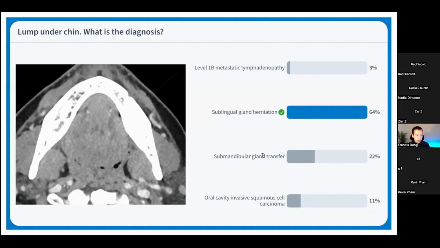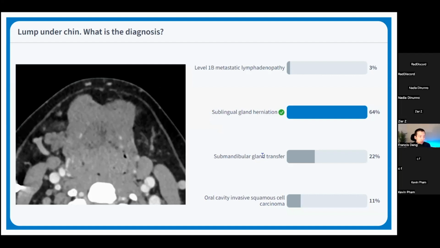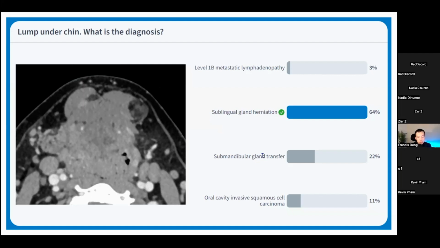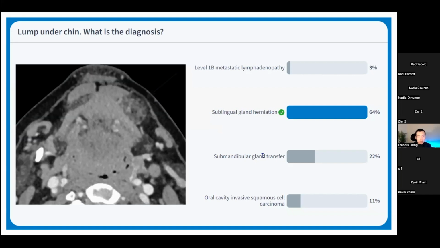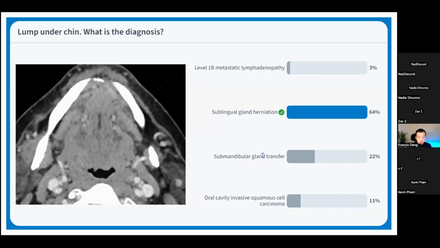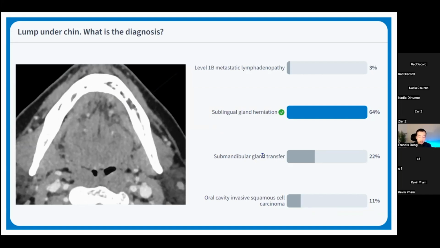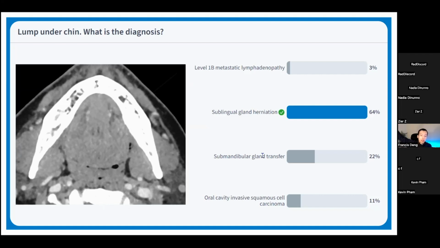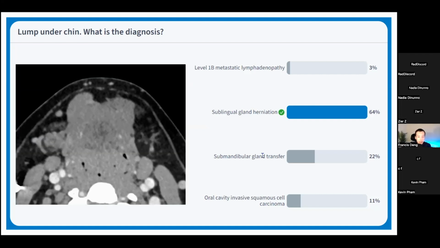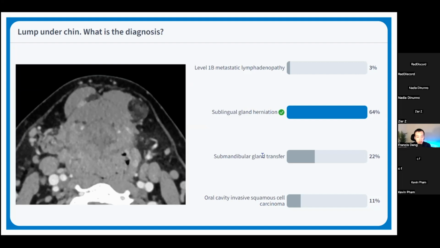Somebody asked, does this count as a plunging ranula, or does that have to be a mucus retention cyst? So a plunging ranula is when you have a retention cyst of the sublingual gland that then falls over the back of the mylohyoid and goes into the submandibular space.